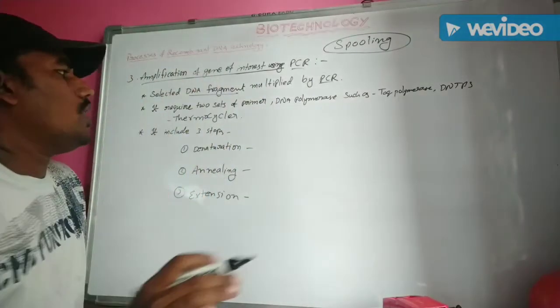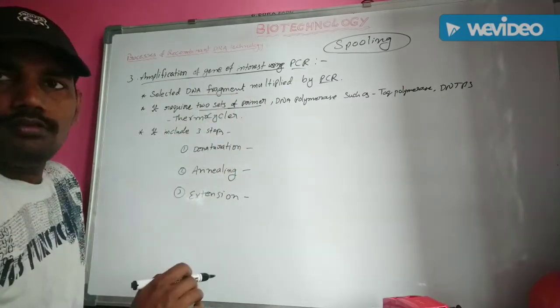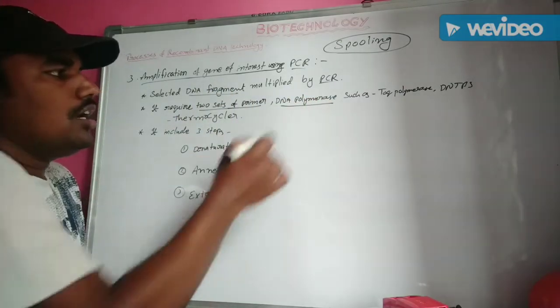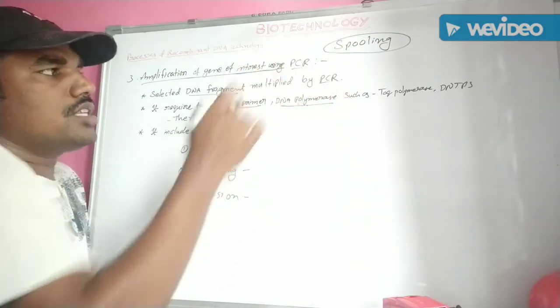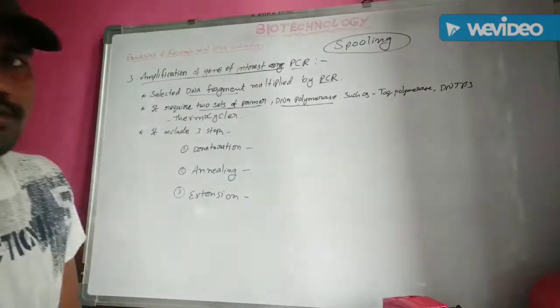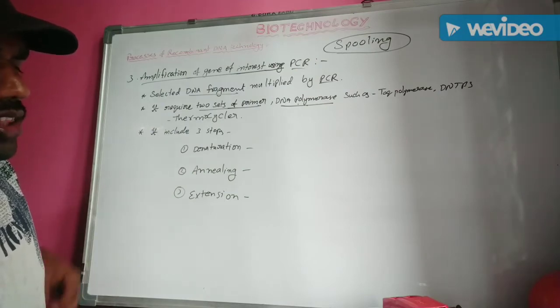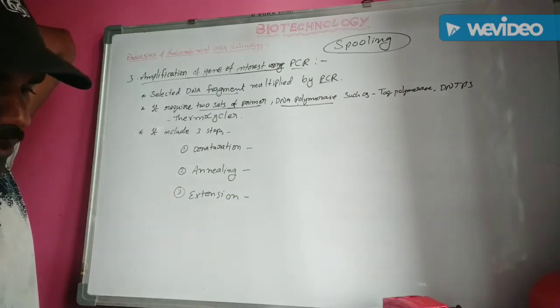This polymerase chain reaction requires two sets of primers and also DNA polymerase. DNA polymerase and two sets of primers are required for this PCR process, such as Taq polymerase and dNTPs. dNTPs means nothing but deoxynucleotide triphosphate.